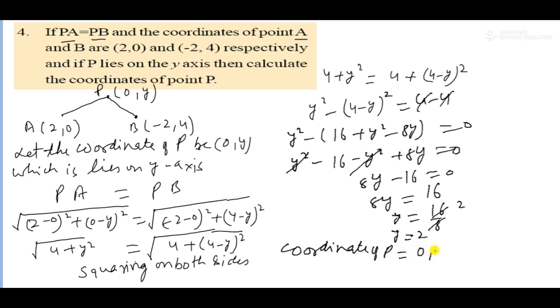Now squaring on both sides. So what will happen, it becomes 4 plus y square is equal to 4 plus 4 minus y whole square.